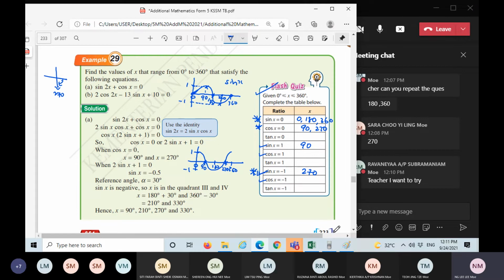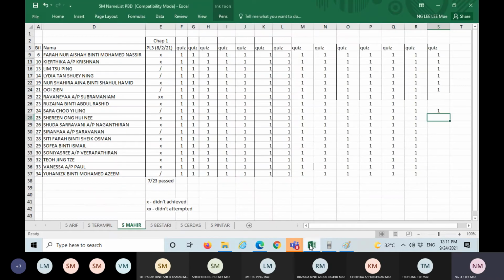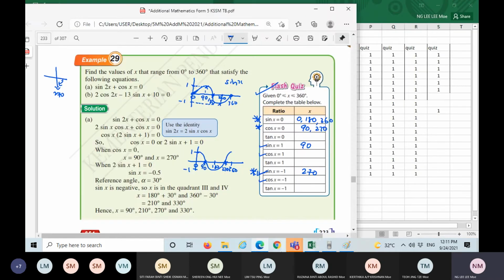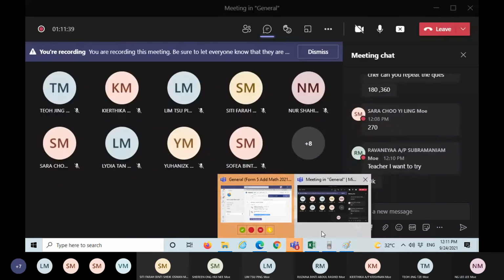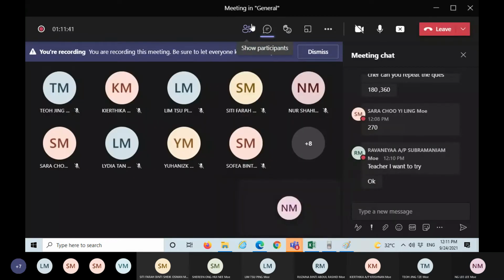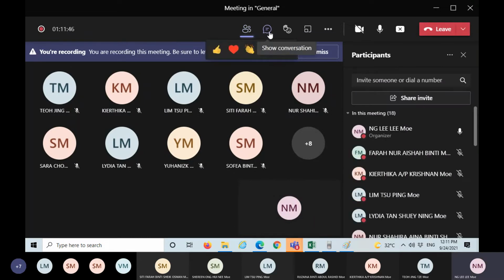Okay. Celine, can you do cos x equals 1? Okay. And then next girl is who? Is Sudha here already? No, I think so.